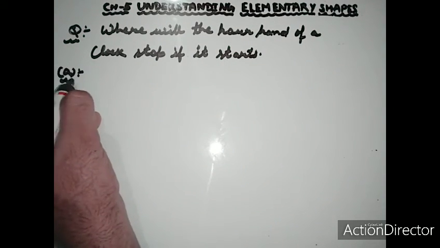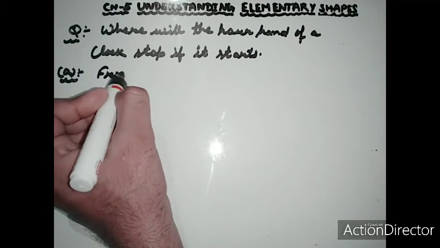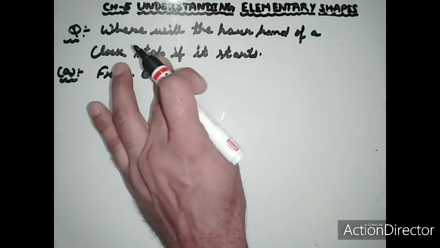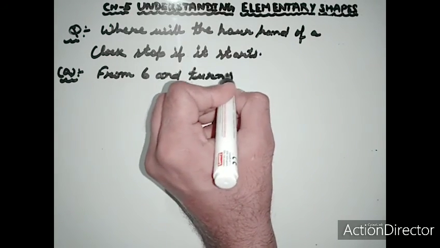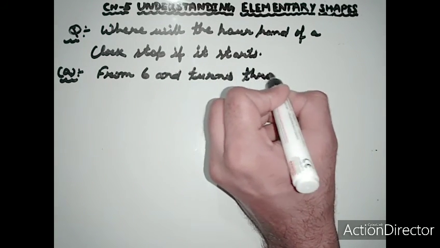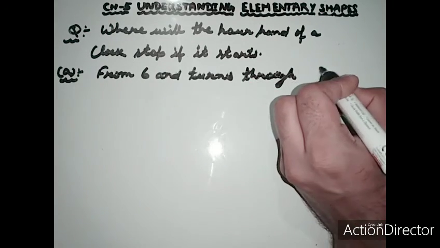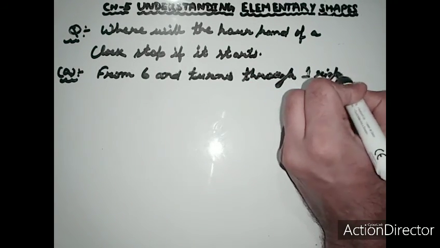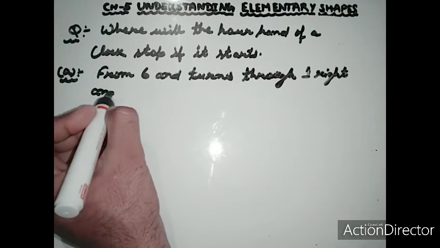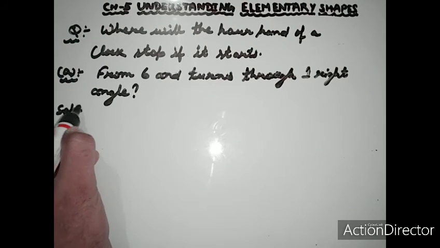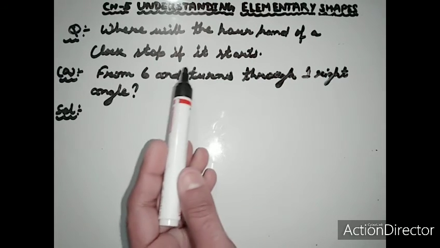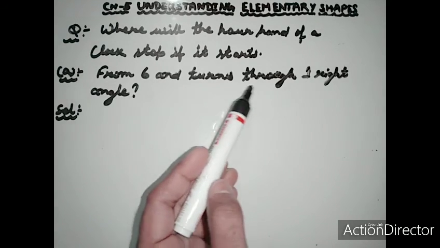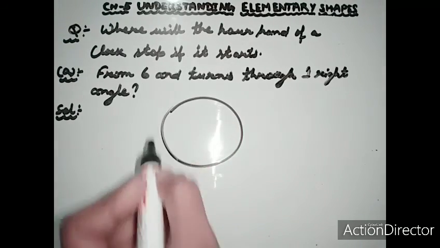The A part of this question is from 6 and turns through 1 right angle. Okay, so now the question is where will the hour hand of a clock stop if it starts from 6 and turns through 1 right angle?